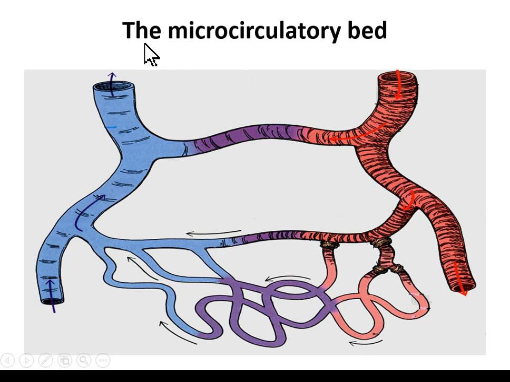On this simple picture, the microcirculatory bed. This is an arteriole, a small artery subdividing into the arterioles, precapillaries, capillaries, venules, small veins, large veins. In between them, we can see the arteriolar-venular anastomosis, except for the capillaries.